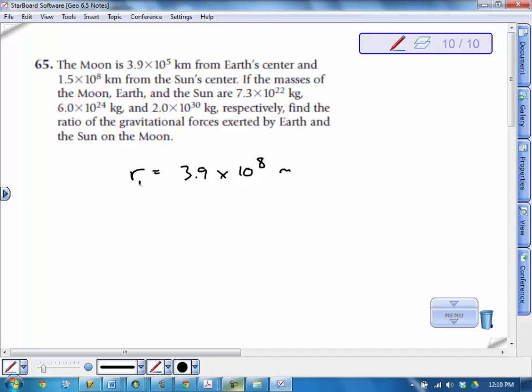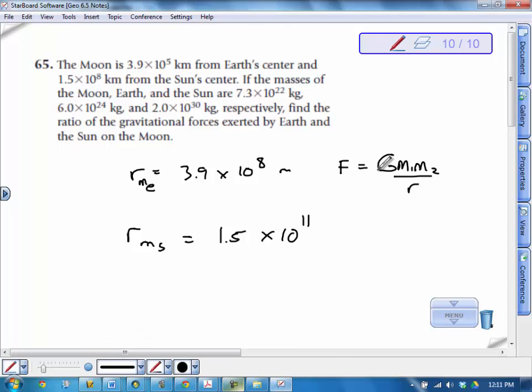So the distance that the moon is away from the Earth, and the distance that the moon is away from the Sun is 1.5 times 10 to the 8th, which I'm going to have to add 3 decimal places to because we're talking about kilometers. I'm going to be in meters, so I'm going to do 11. If the masses of the moon, Earth, and the Sun are given, find the ratio of the gravitational forces exerted by the Earth and the Sun on the moon.